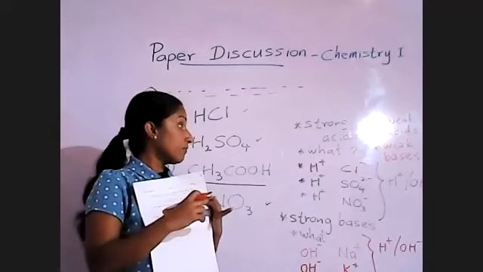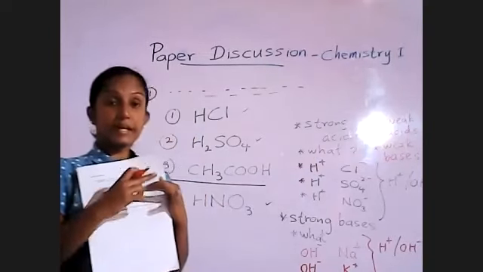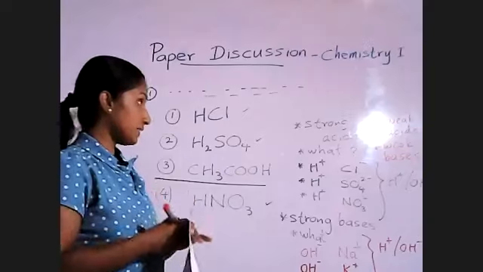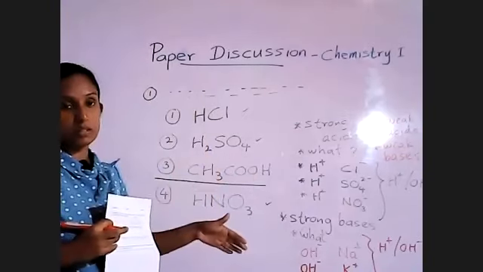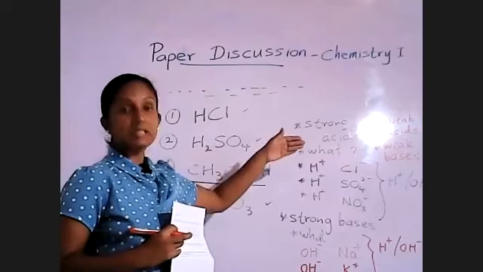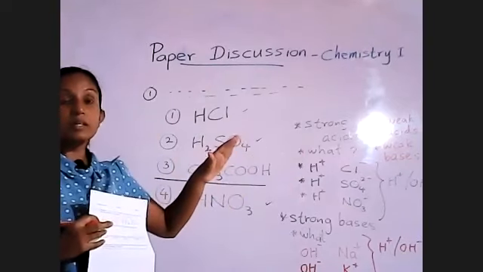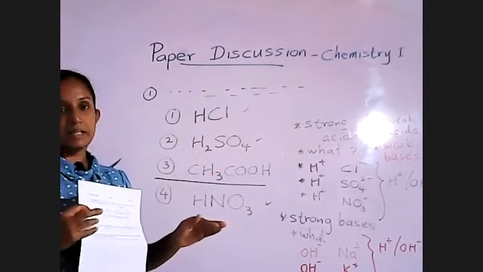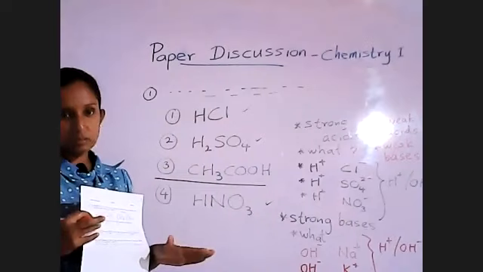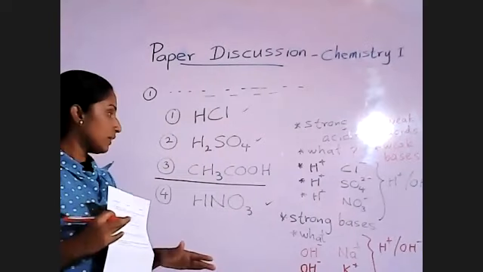What happens in the aqueous solution of weak acids and weak bases? And how do they ionize? Are they totally ionized or not? Normally, weak acids and weak bases are not totally ionized in the solution. They are not completely ionized, only partially ionized in the solution.